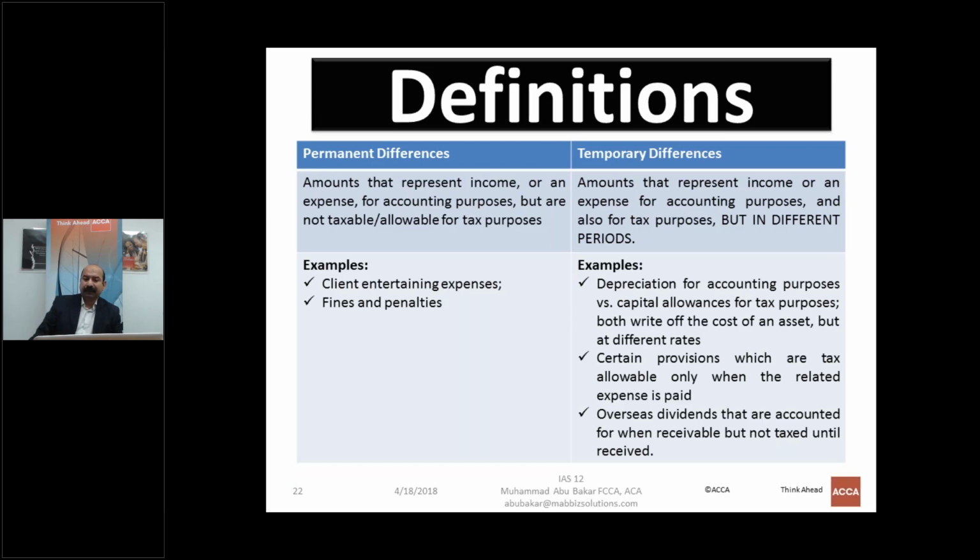Similarly, if tax people are allowing some of the expenses on a different basis, like on a cash basis, this will also create temporary differences. Overseas dividends that are accounted for when receivable but not taxed until received.